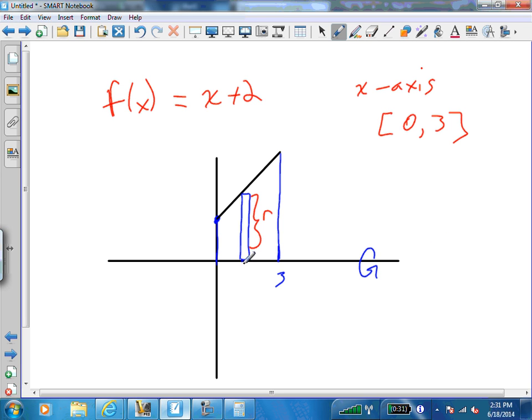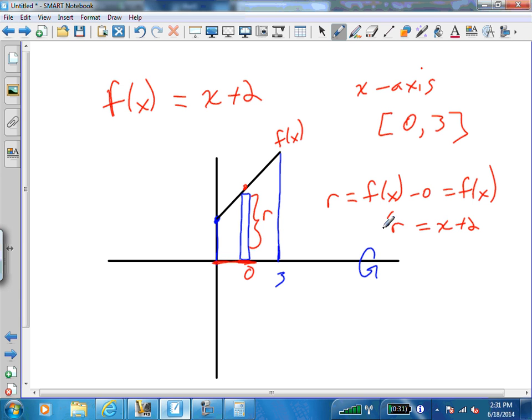If our axis of rotation is the x-axis, what is the y value here? 0. The y value here is just our function, whatever the value of our function is there. So that radius is given by this y value minus this y value, so just our function.